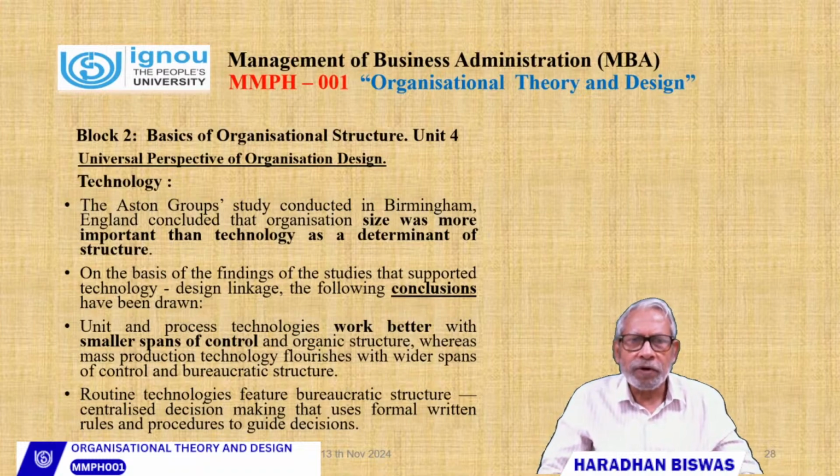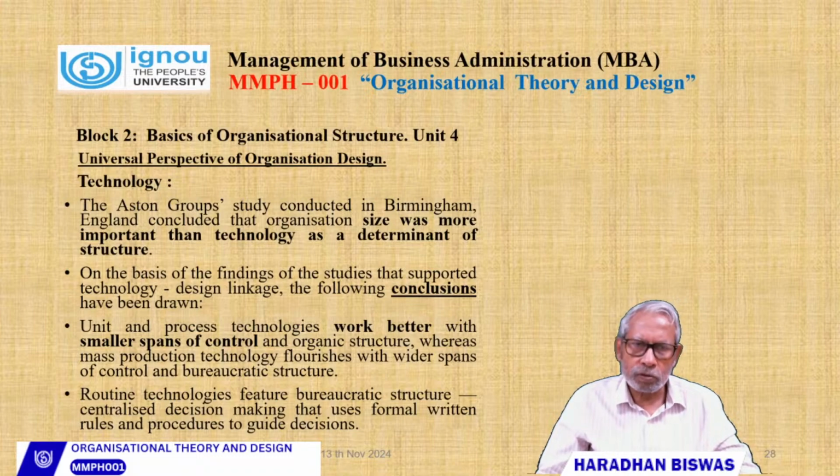On the basis of the findings of the studies that supported the technology-design linkage, the following conclusions have been drawn. Unit and process technologies work better with a smaller span of control. If your span is smaller, it will definitely work better in organic structures.